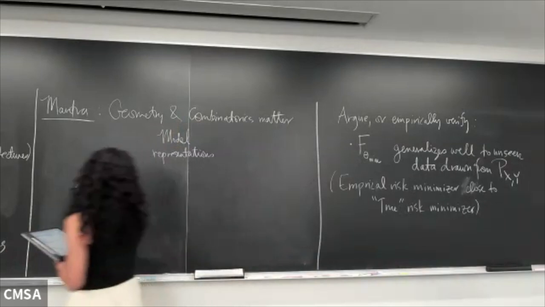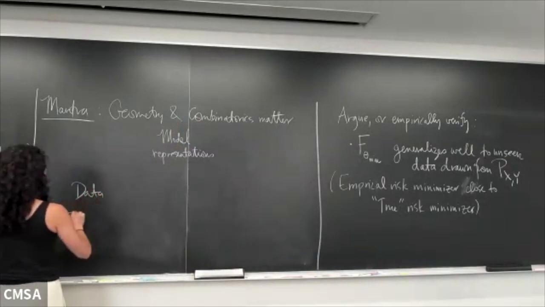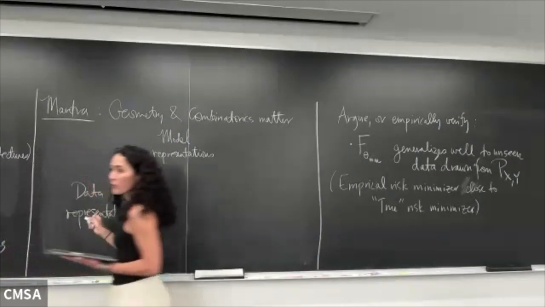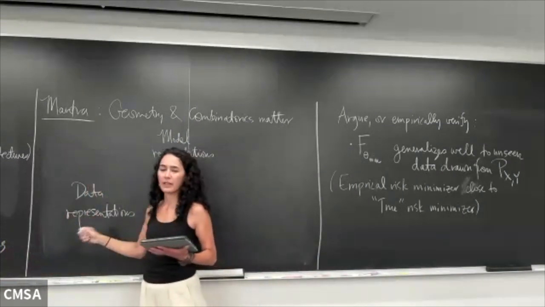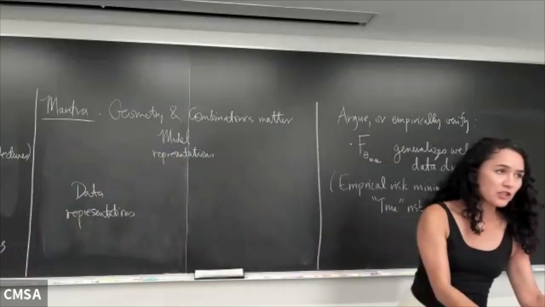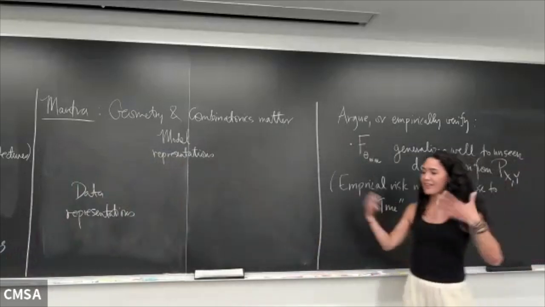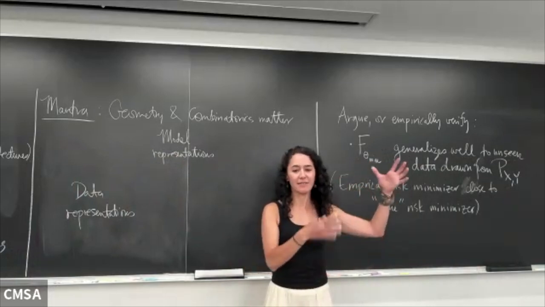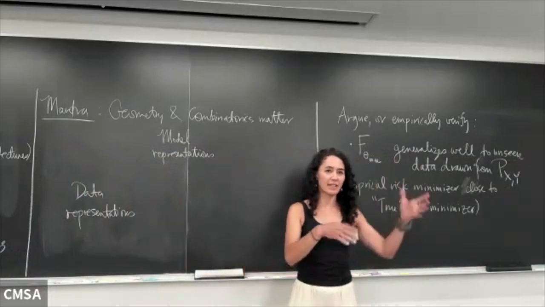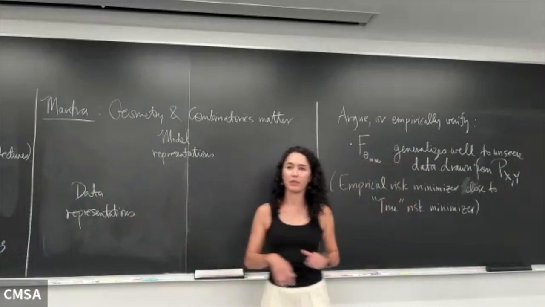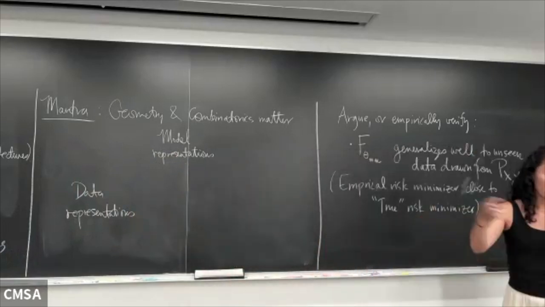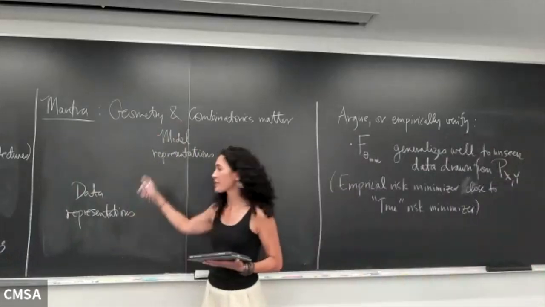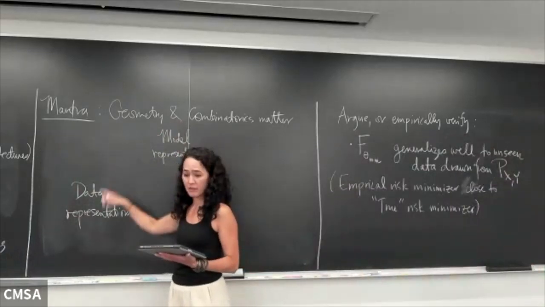On the other hand, you have data representations. Heuristically, the way people talk about it, the network is learning new representations of your data as you move through it. Here geometry matters, and here geometry matters, and they interact.